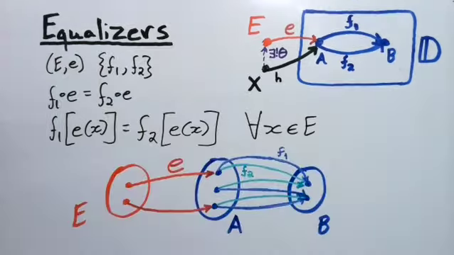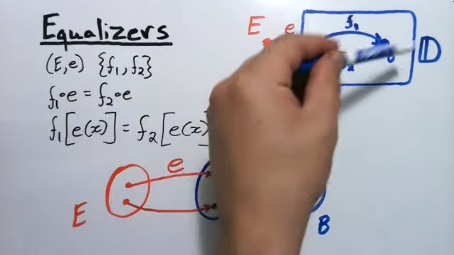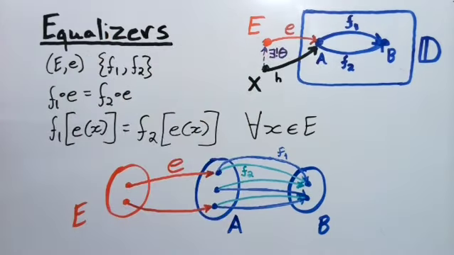So just to illustrate that a little bit better, let's say we have our set-like objects E, A, and B here, same as here, E, A, and B. And let's say E has two elements like this, which get mapped by E into A, which has three elements, and that gets mapped by our two morphisms F1 and F2 into B. Well, if we look at this pattern here, E maps to this top element and this bottom element.